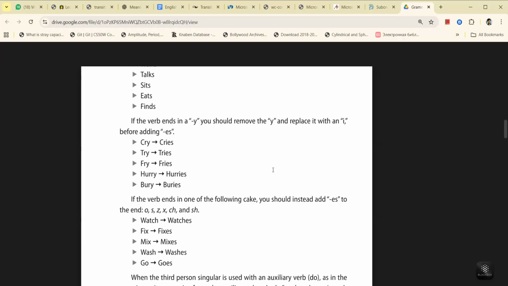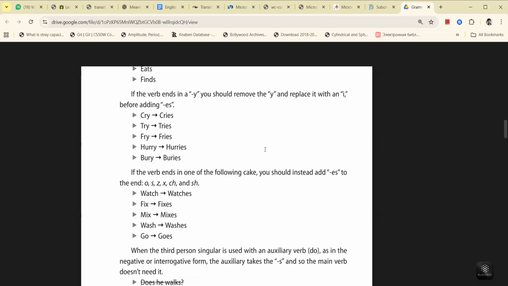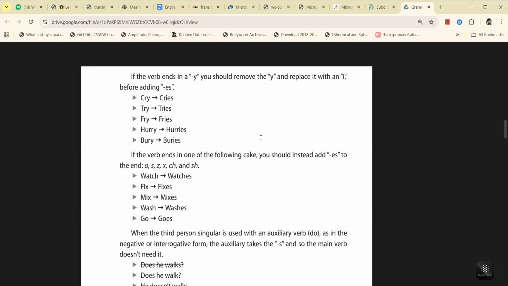If the verb ends in y, you should remove the y and replace it with an i before adding es. So cry becomes cries, try becomes tries, hurry becomes hurries, bury becomes buries.